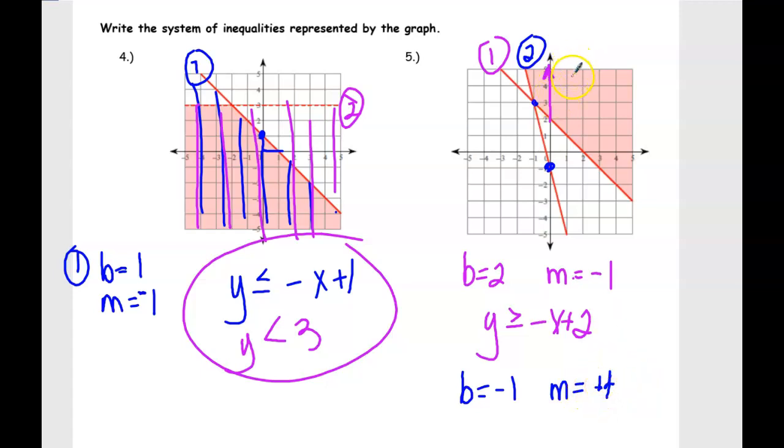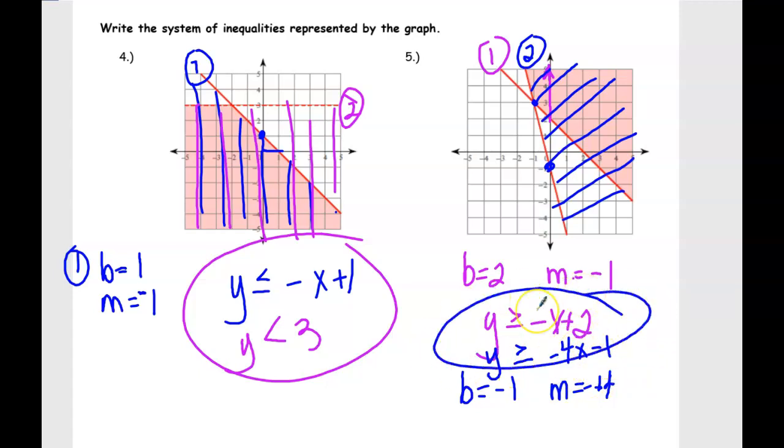In order for that to be the shaded region, we're shading this direction, so our y values are greater than, so this is going to be y is greater than or equal to -4x minus 1. Put it together.